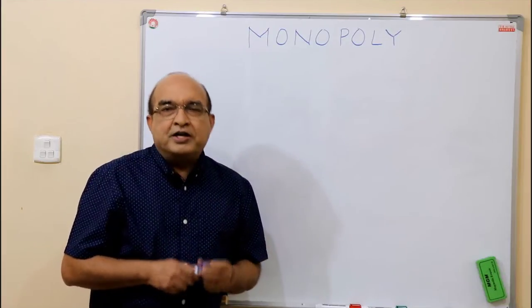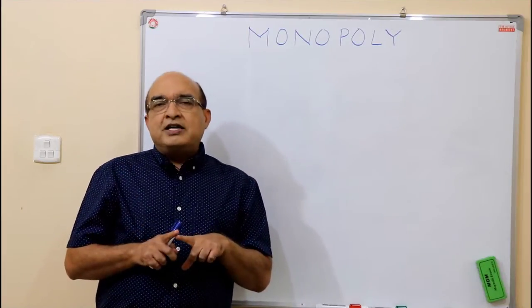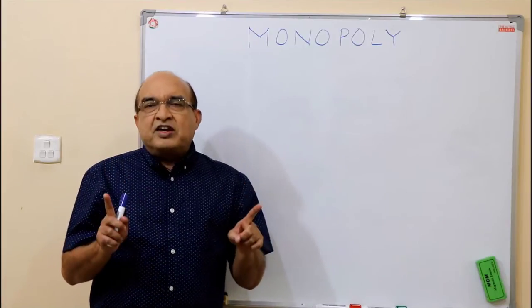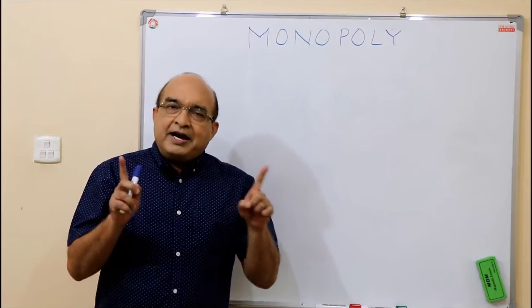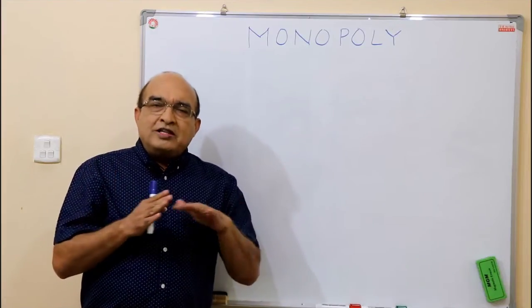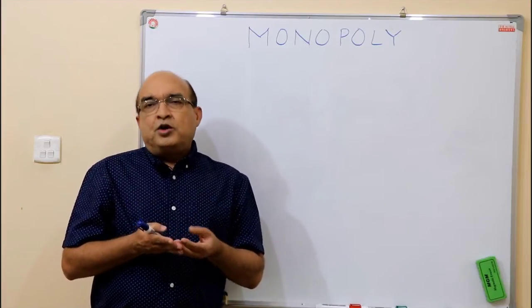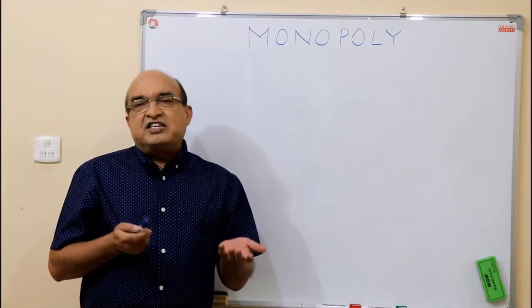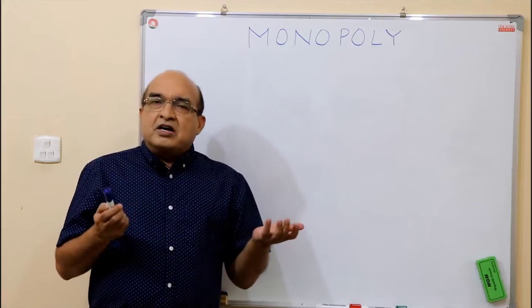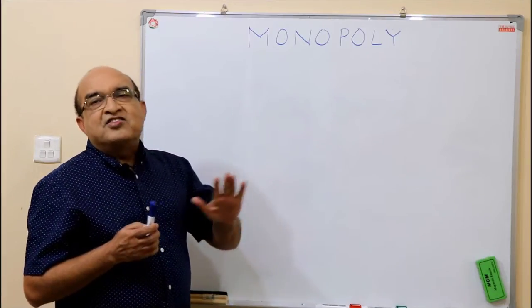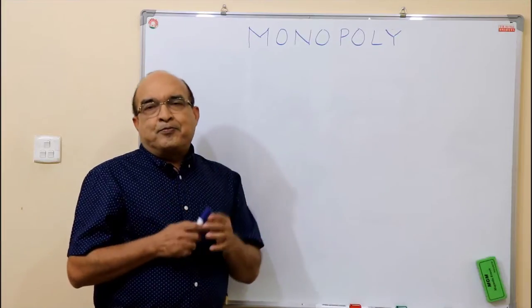So there is no difference between firm and industry. As you know, all the firms producing the same goods, with or without differentiation in brands, constitute one industry. So under monopoly, firm and industry are the same.